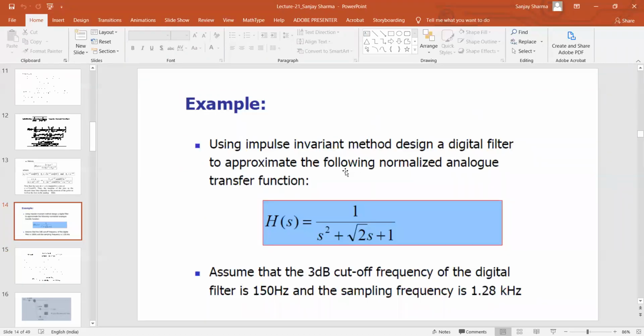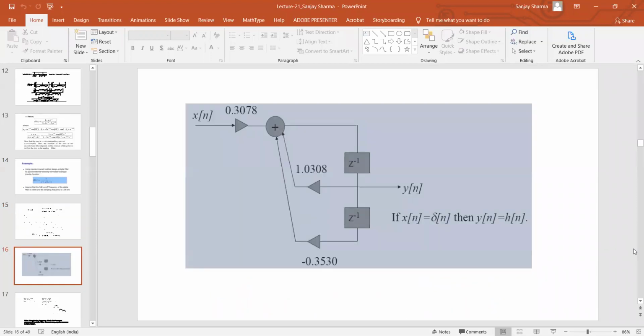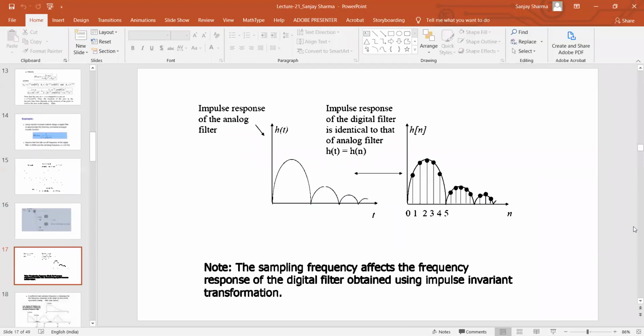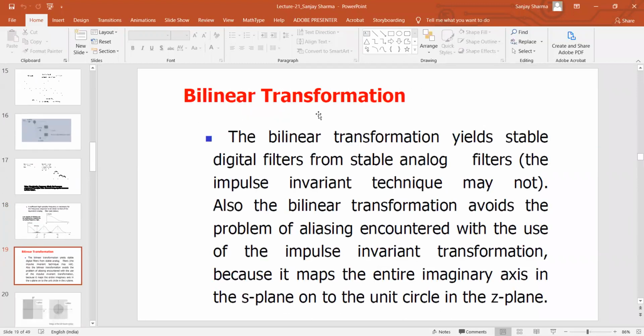The important problem in the impulse invariant method is the aliasing problem. Okay, so how to get rid of or how to avoid the aliasing in the design of the digital filters from the analog filter. Now, the technique to avoid that is bilinear transformation, which is the topic of our discussion today.